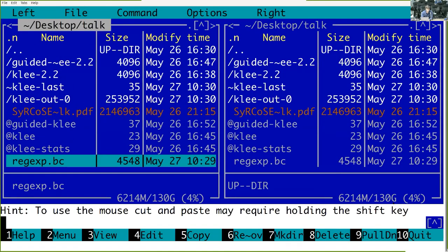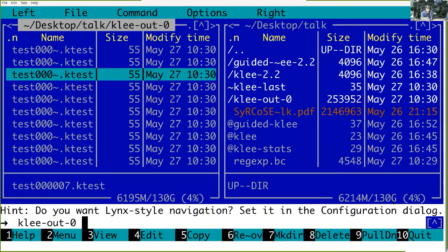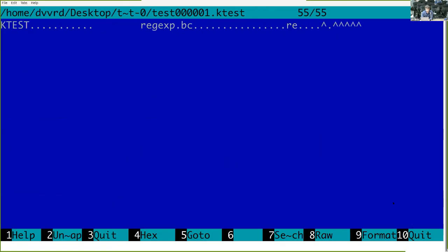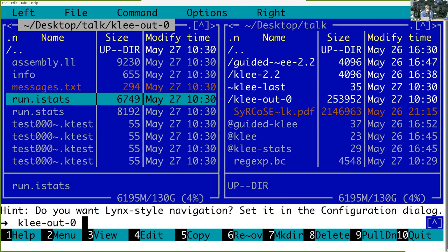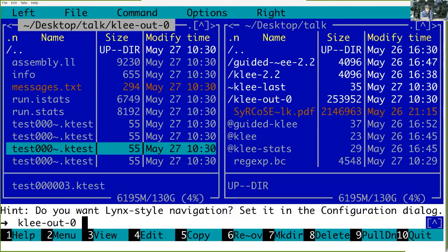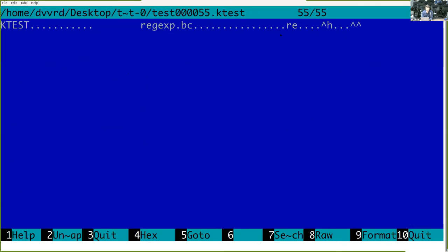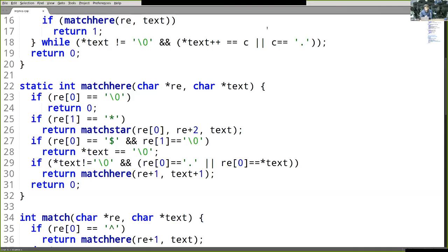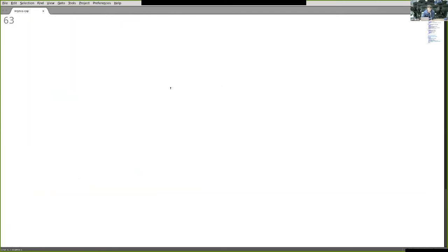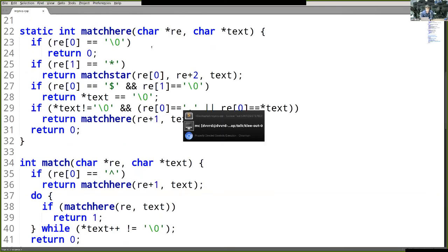Here we have some test cases, and these are the patterns that klee has managed to infer. I guess it is not so readable because it is binary. Well, okay, it has managed to infer patterns like these with a caret and H, for instance, the beginning of the string H, and then hello here. So this is input data that exhaustively covers this regular expression matching engine.